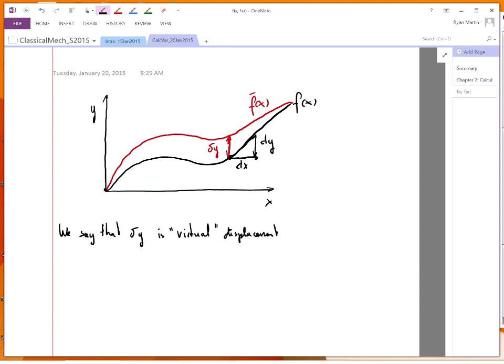So this function f bar is a new function, right? It's different, and of course it depends on phi of x.